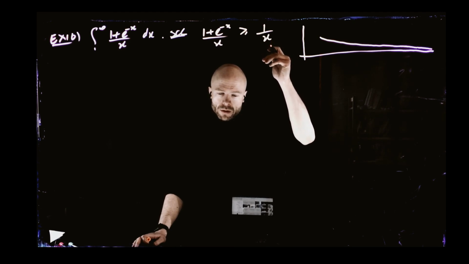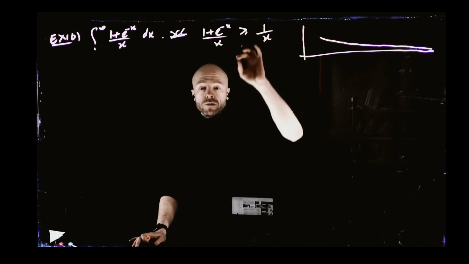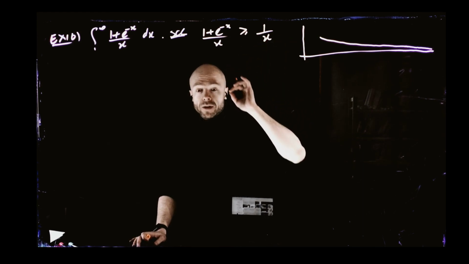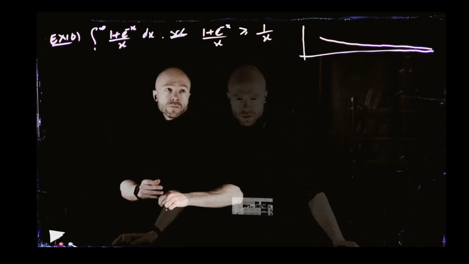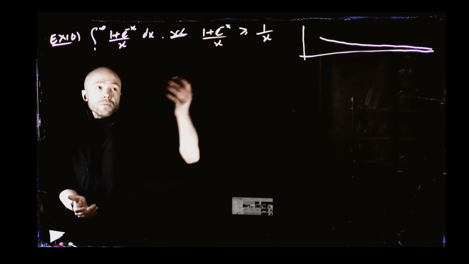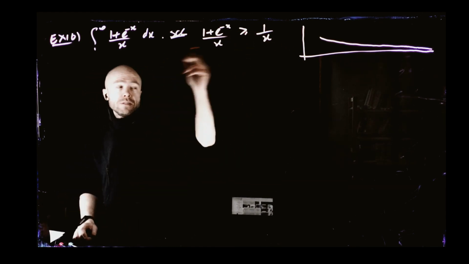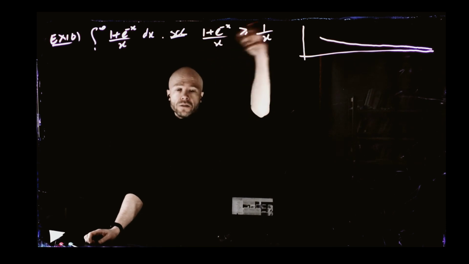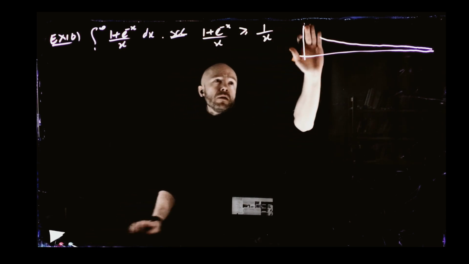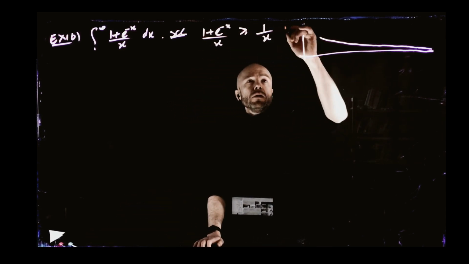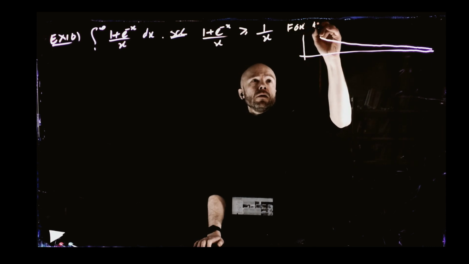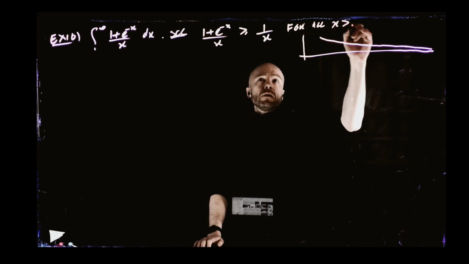So it's decaying like 1 over x, and it's actually bigger than 1 over x. It is actually quite conveniently set up because this is true for every single x bigger than or equal to 1.